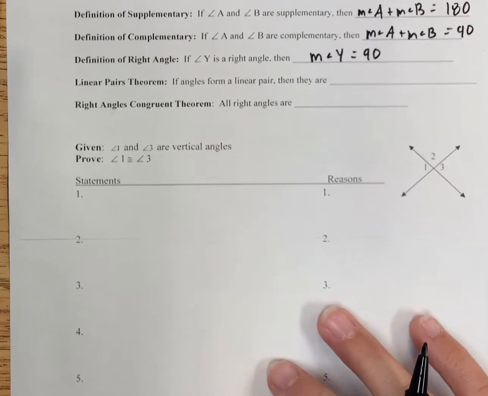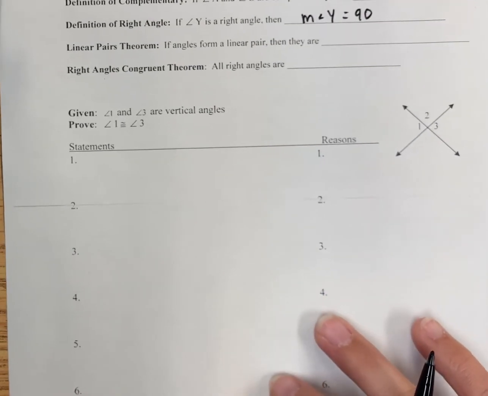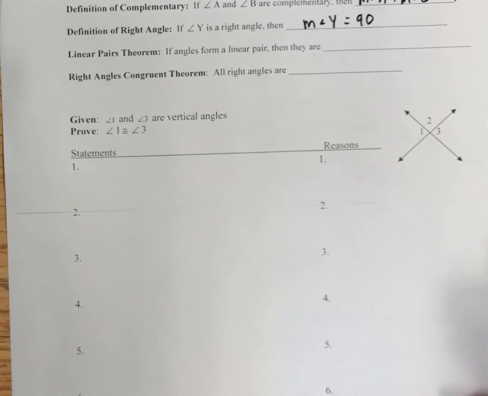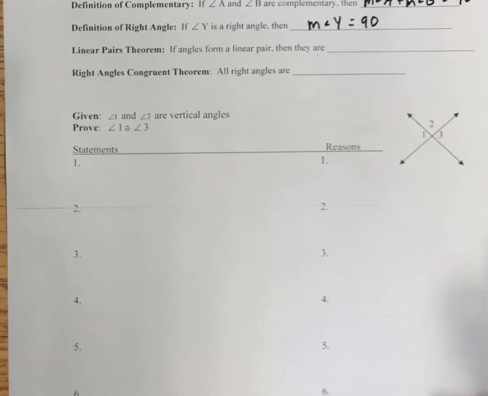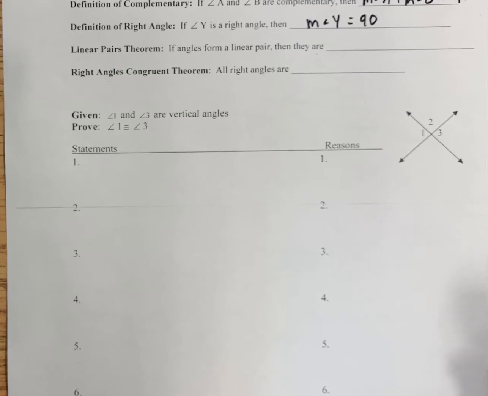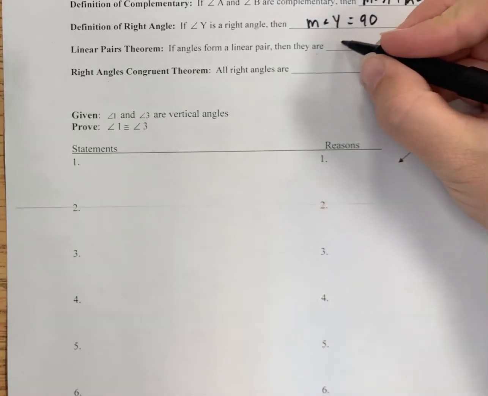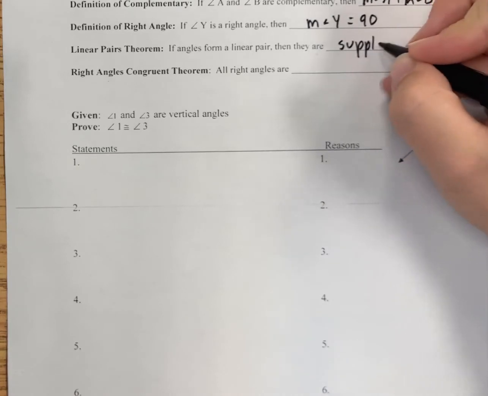So now we're going to look at a couple theorems to remind ourselves of. One of them is the linear pairs theorem, which is a very important one that you need to always remember. And the linear pairs theorem tells us that if angles form a linear pair, then they are supplementary.